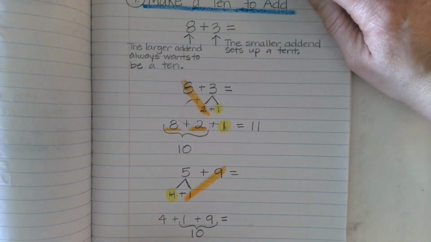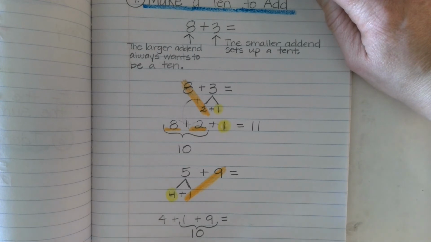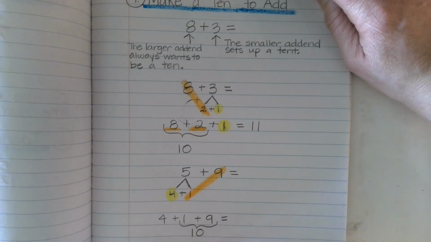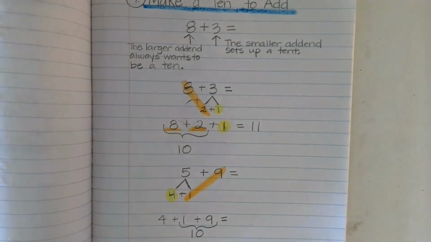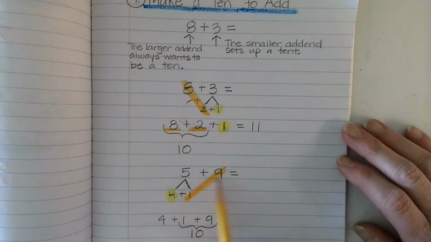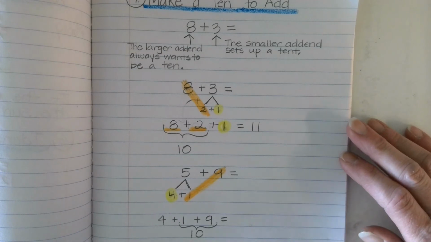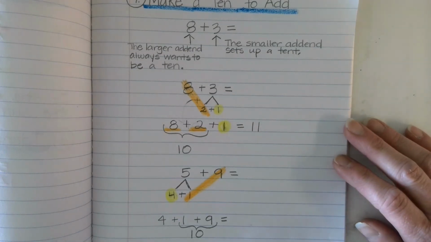So basically, I have 4 plus 10, which is 14. And I can do 4 plus 10 without even thinking about it. I just know that's 14. Takes me a little longer to figure out what 5 plus 9 is. Okay.